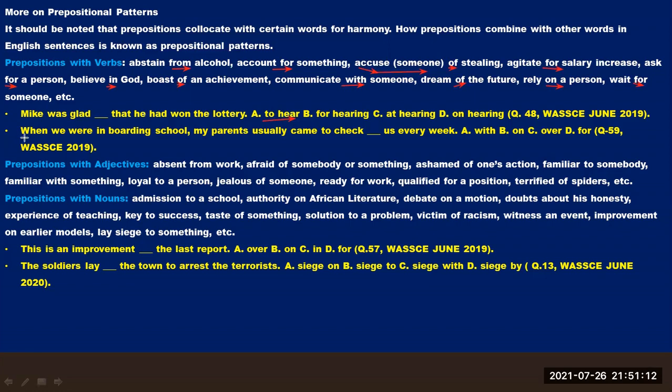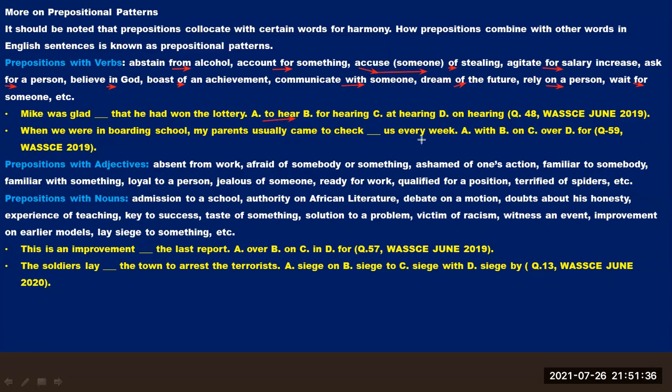Then the second question was taken from question number 59 of the same West African Senior School Certificate Examination of 2019. When we were in boarding school, my parents usually came to check dash us every week.